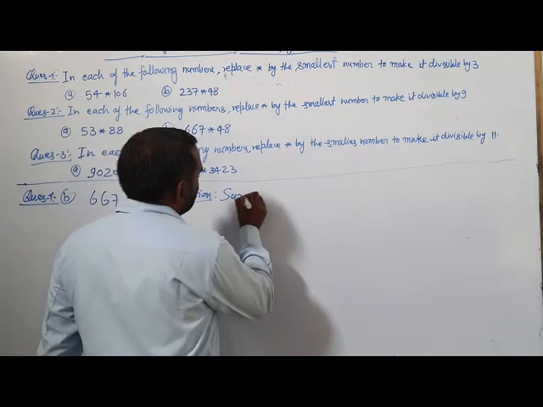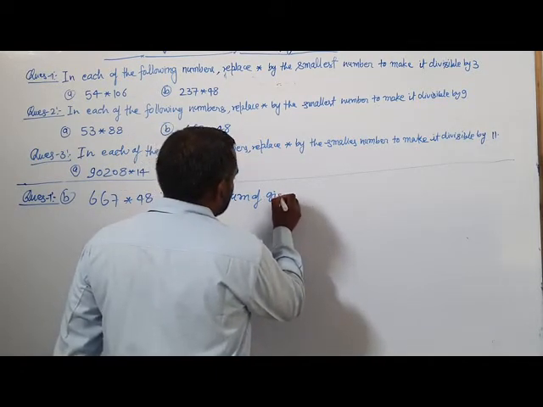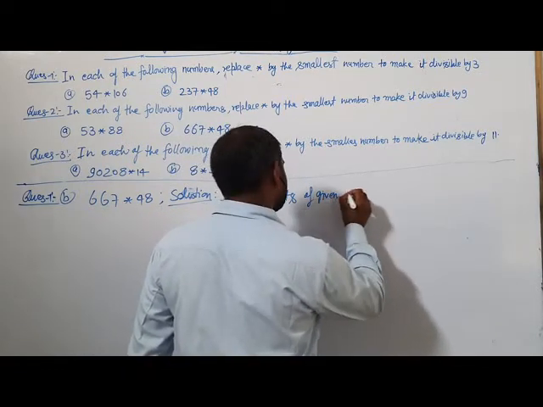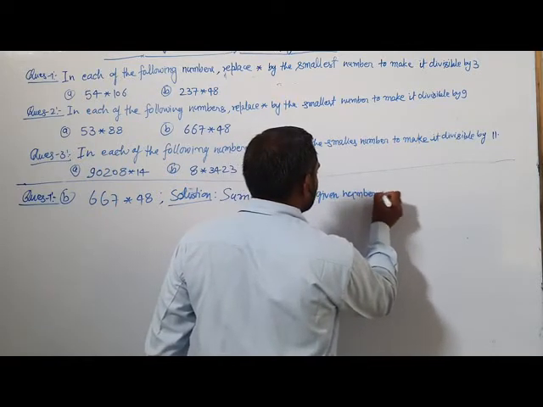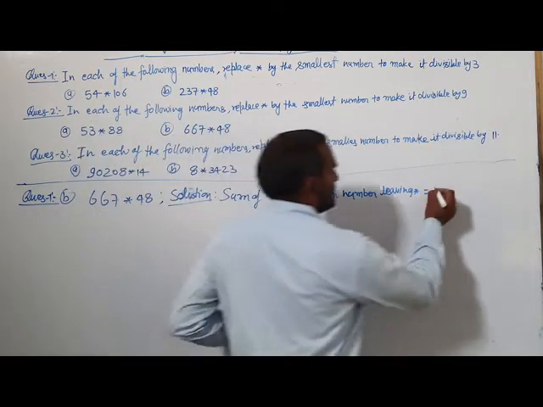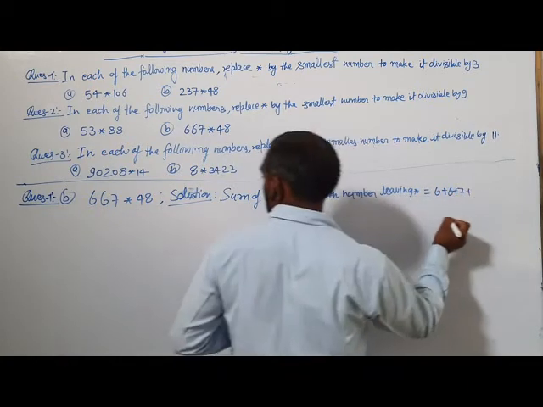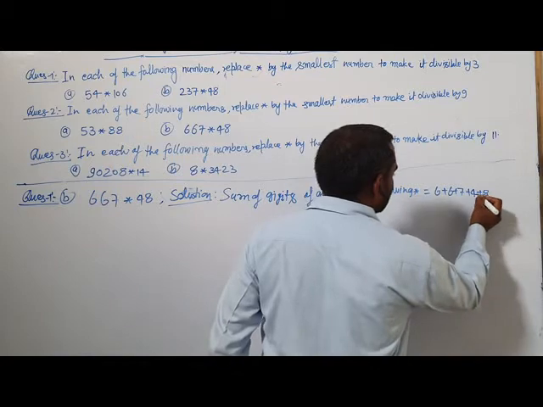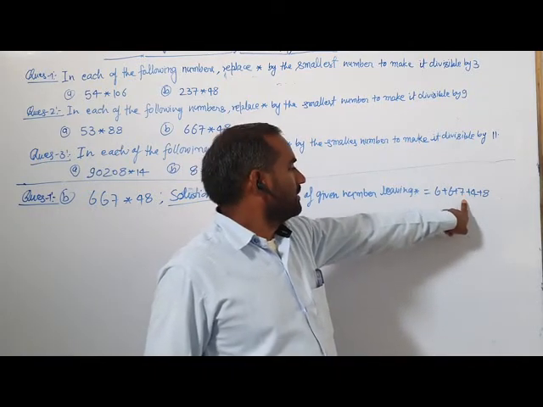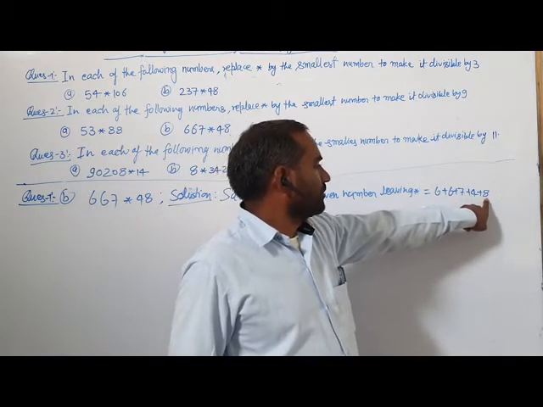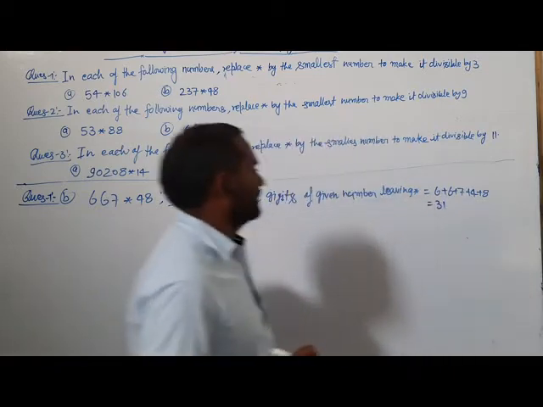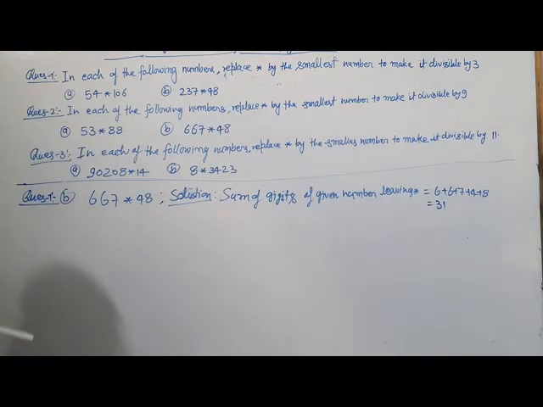Sum of digits of the given number leaving star is equal to 6 plus 6 plus 7 plus 4 plus 8. 6 6 are 12, 12 7 are 19, 19 4 are 23, 23 8 are 31. 31 is not divisible by 9.